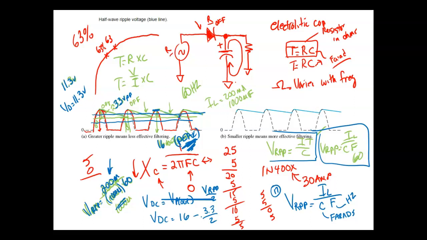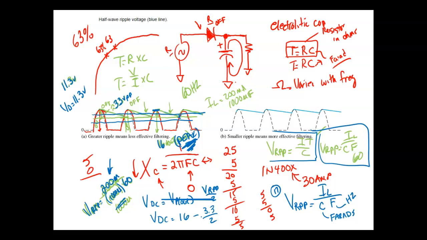So if I increase the size of my capacitor, and we saw a perfect example of that, my ripple voltage goes down because it's on the bottom, right? Does that make sense? So I can also increase my frequency. This is why higher frequency has an advantage. If I increase my frequency, my ripple voltage goes down. If I decrease my frequency, my ripple voltage goes up.